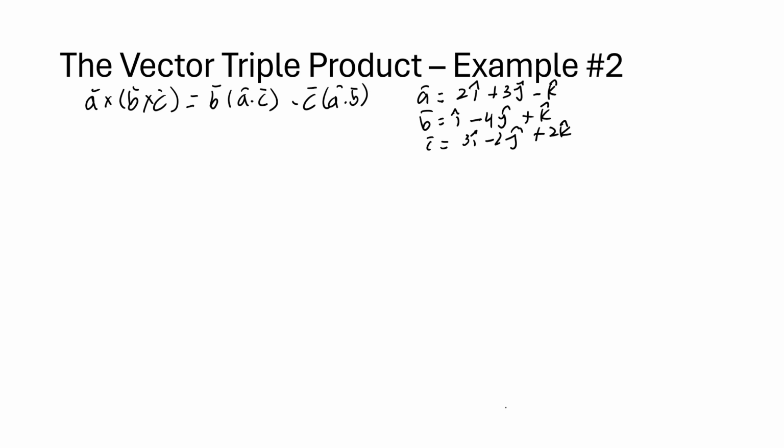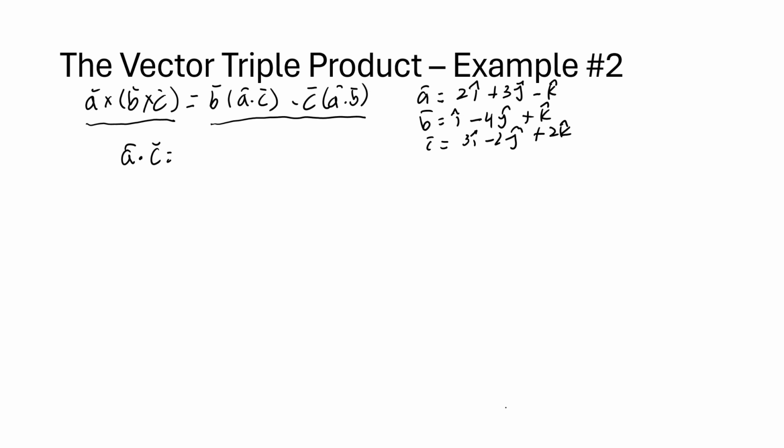Okay, we just calculated this in the first example, so we know that side. So now we need to calculate this side and show that they're equal. So first of all, let's do A dot C. Now if you remember from the dot product, you multiply the individual components together.